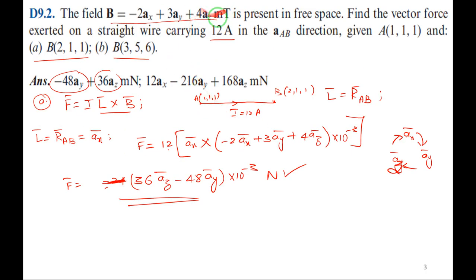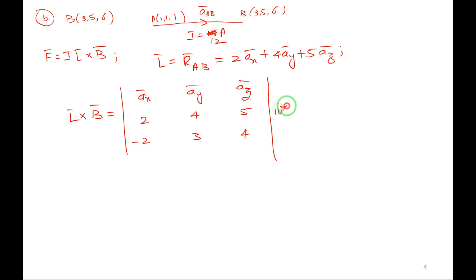But milli is there, and milli means 10 power minus 3, so I will take it outside as a common factor. Now find this with signs plus, minus, plus. aX into, I will directly calculate: leave this column and this row, 4 into 4 is 16, 5 into 3 is 15, 16 minus 15 is 1.